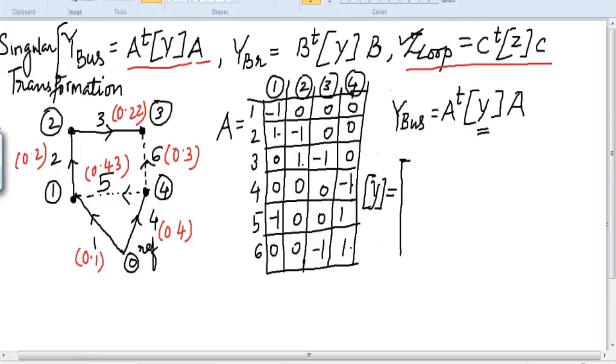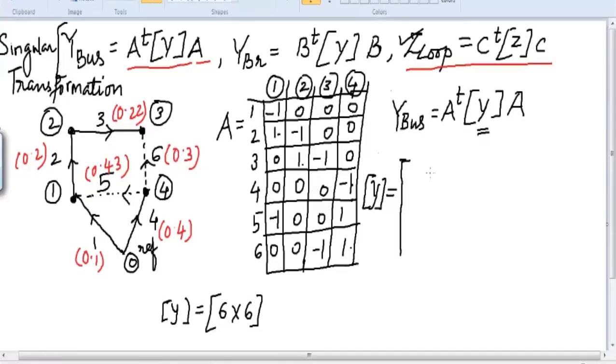When we take this Y, it will also be an element by element matrix, because Z was also an element by element matrix. And as in this problem we are having 6 elements, this will be a 6 by 6 matrix.